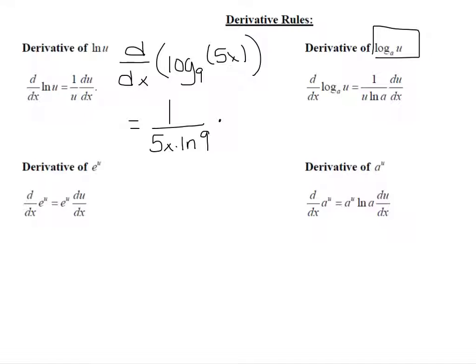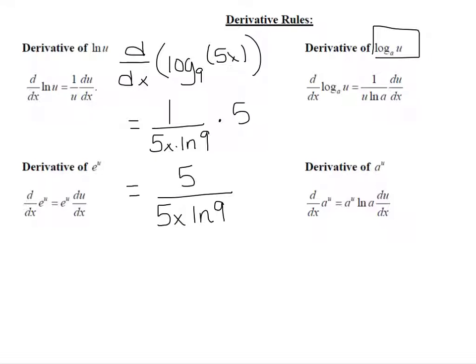This du dx is really just the chain rule. Now we have to multiply by the derivative of the inside, and our inside was 5x, so we multiply by 5. When we make this pretty, we get 5 over 5x natural log of 9.